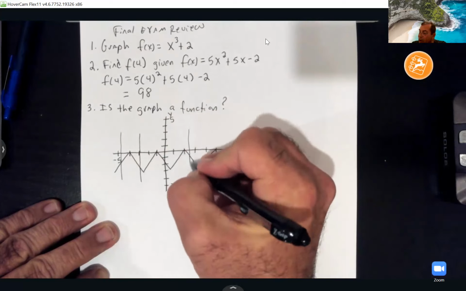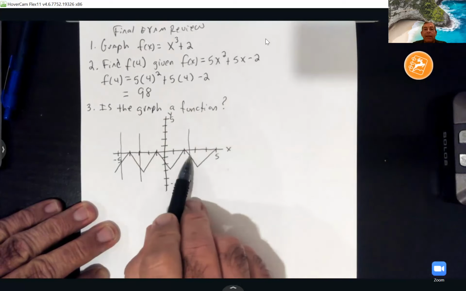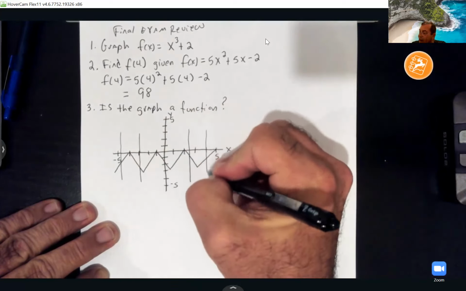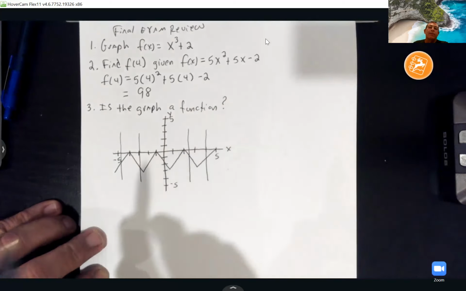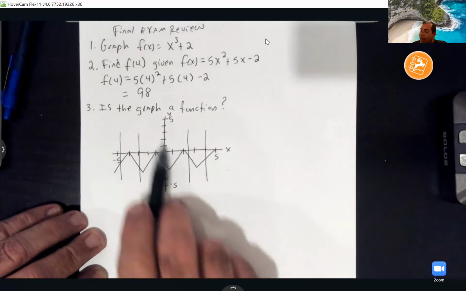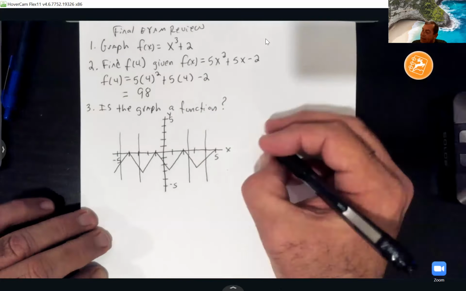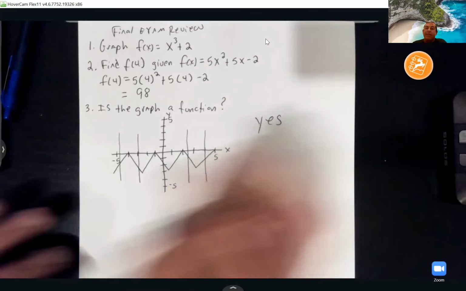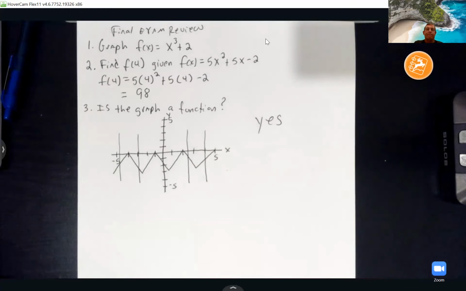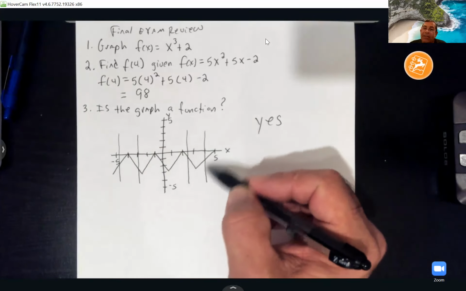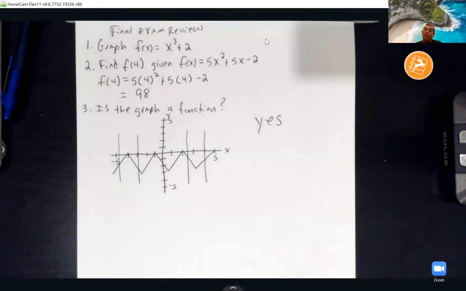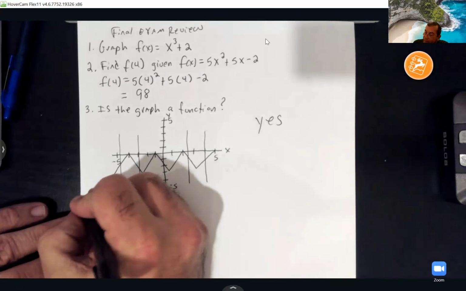No matter where I draw these vertical lines, it's only intersecting that graph one time. So since it only intersects it one time with any of these vertical lines, this is going to be, yes, a function. Okay, remember, if it hits it twice, say if my line hits the graph twice, then we would put no on that, okay?